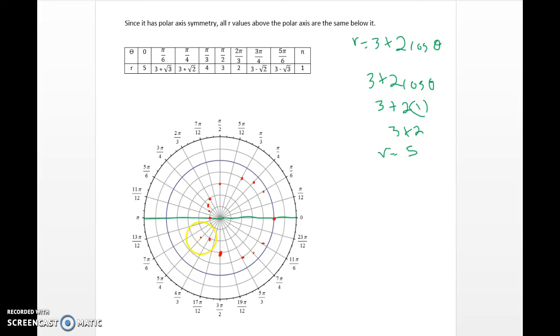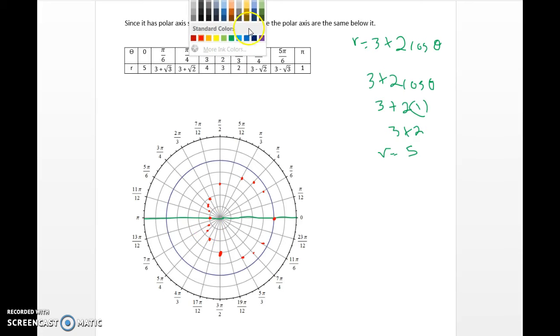And 5 pi over 4 will give you the same r as 3 pi over 4, which is 3 minus root 2, or 1.58. So that's 1.5. And lastly, 7 pi over 6 gives you the same r as 5 pi over 6, which is 3 minus root 3, or in decimals, that's 1.26. So that's down here.